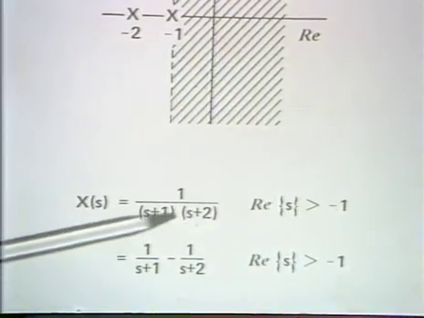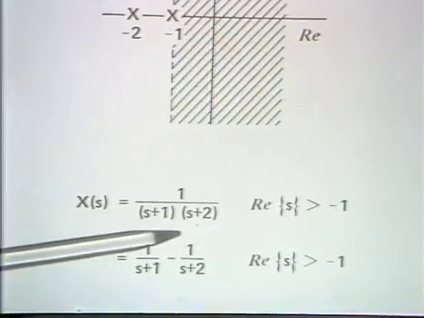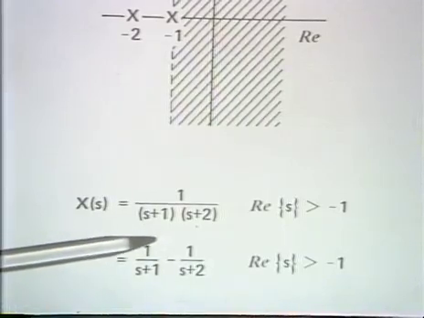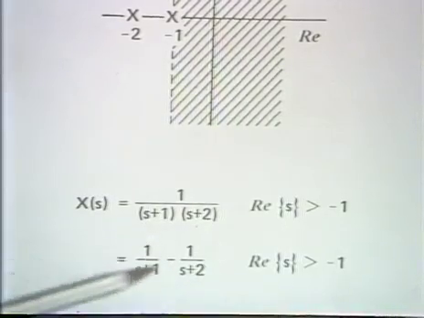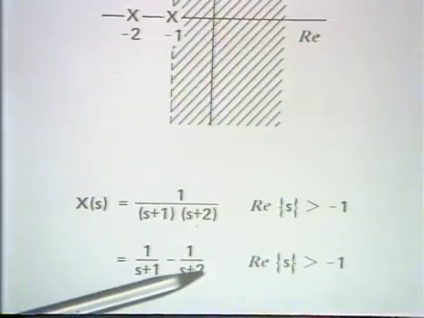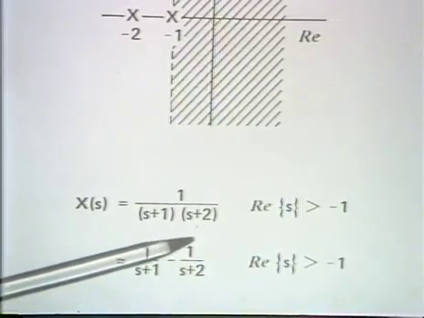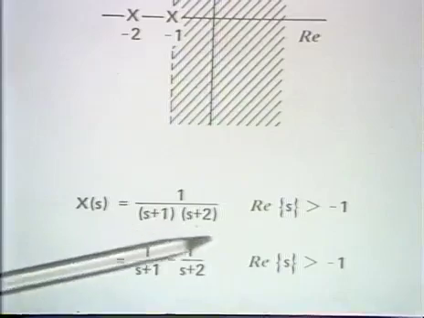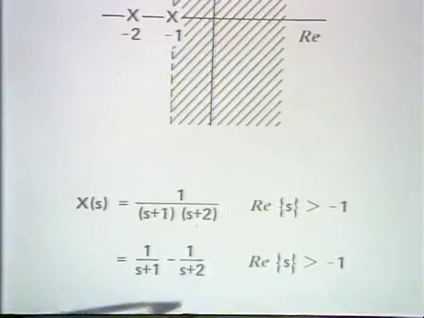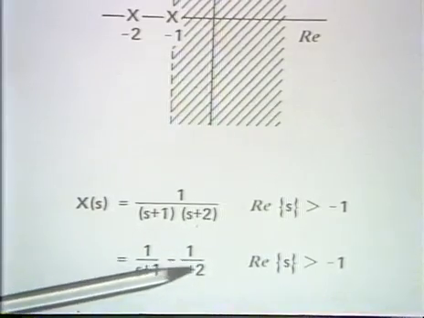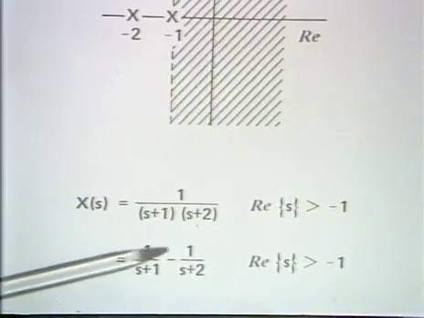Now, this is a sum of two terms, so the time function is a sum of two time functions. And the region of convergence of the combination must be the intersection of the regions of convergence associated with each one.